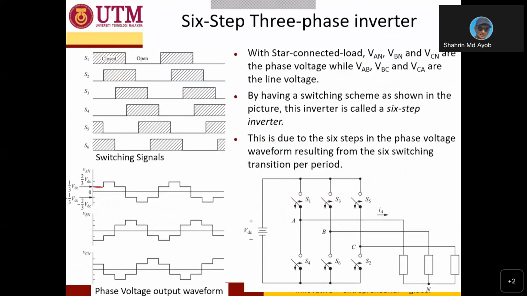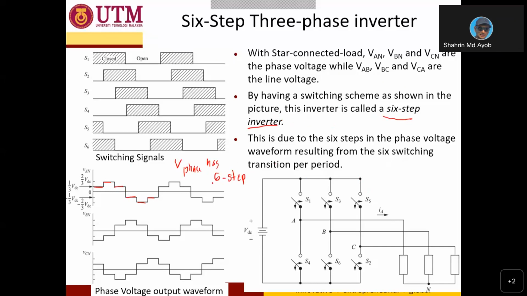We have 1, 2, 3, 4, 5, 6 steps. That is why sometimes this kind of circuit using square wave is called a 6-step inverter, because the phase voltage has a 6-step output voltage.